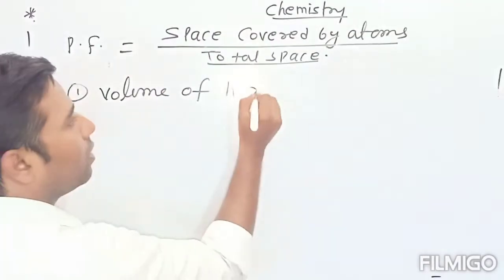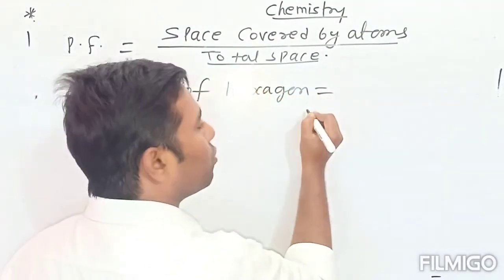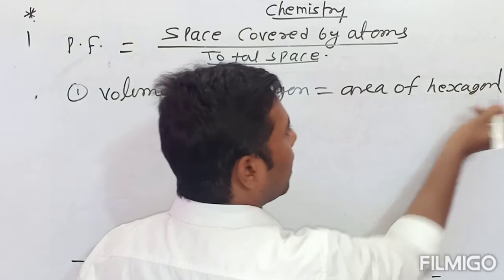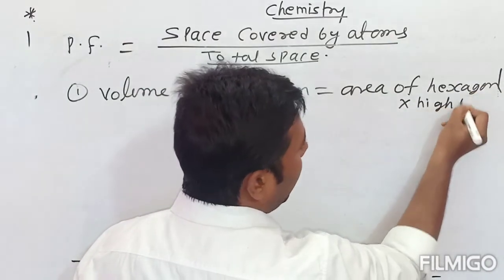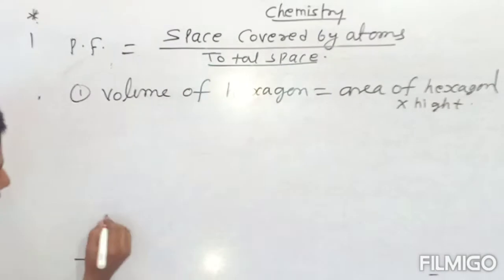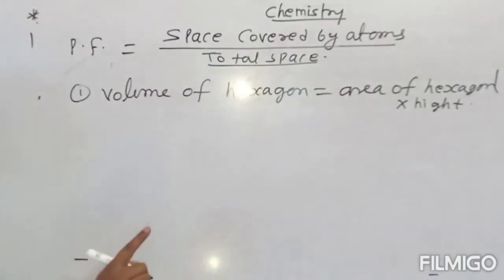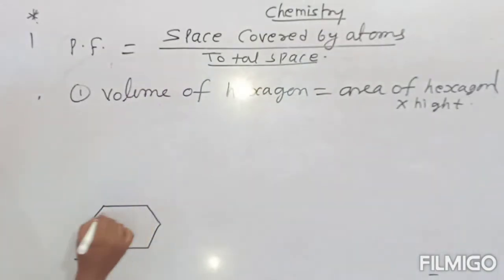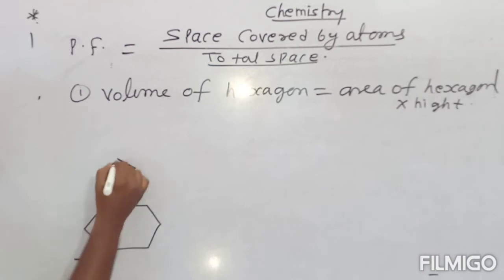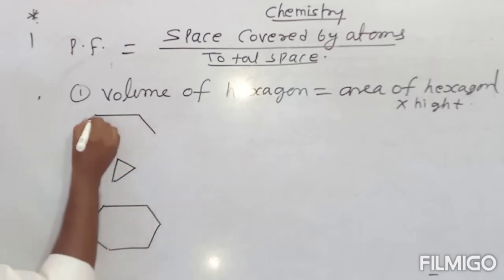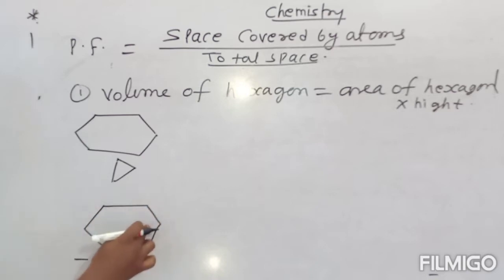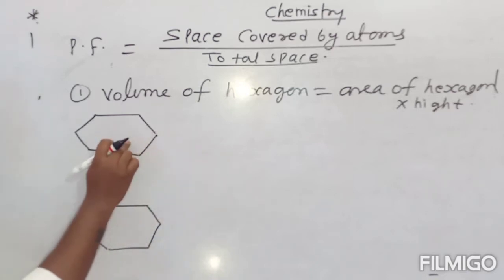Volume of hexagon is equal to area of hexagon into height. Here we are going to draw the structure of the hexagon. In the three-dimensional arrangement of hexagonal closed packing, the first layer is a hexagon, the second layer is a triangle, and the third layer is again a hexagon.